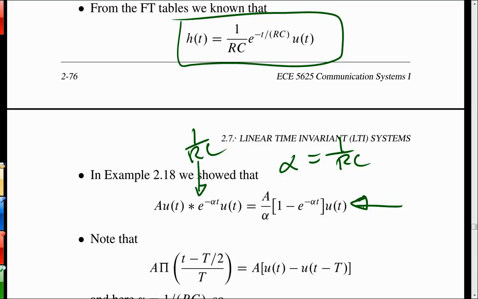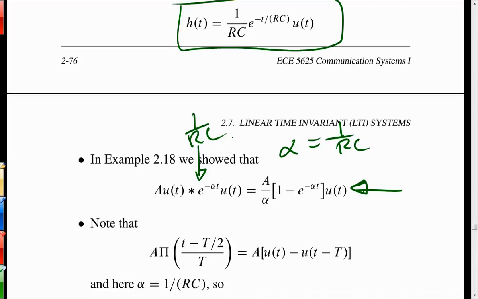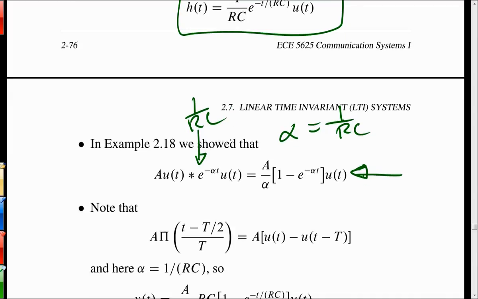And I'll be able to utilize that. And then from linearity, I can break the input pulse up into a difference between a step that turns on at 0 and subtracting a step that turns on at t. And that creates the rectangular pulse.